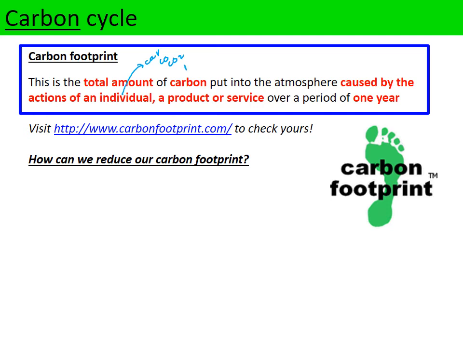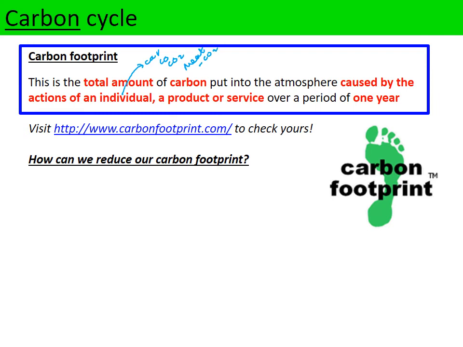We know they might eat meat, so a lot of meat comes from cows, and there might be deforestation to make room for the grazing of the cows on farmland, so that might reduce the amount of CO2 taken in from the atmosphere.